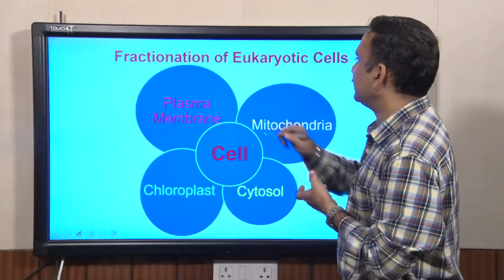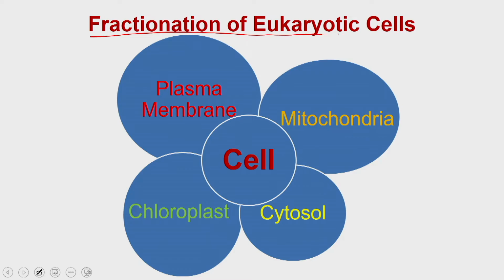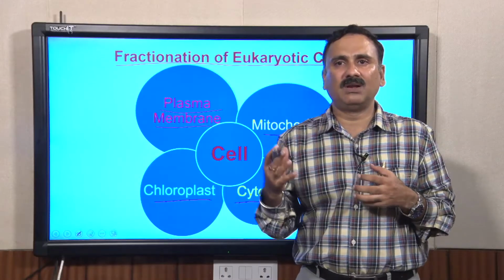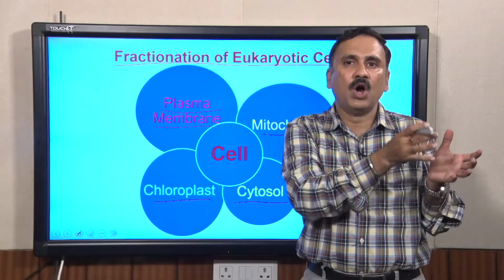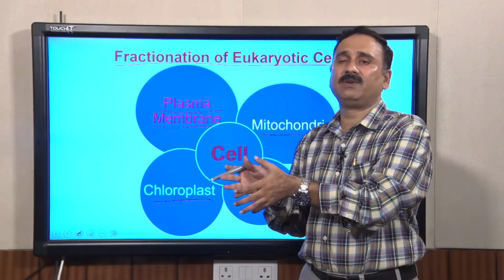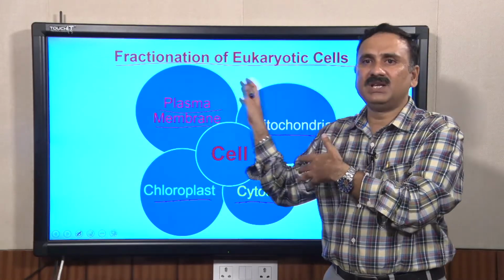And then we have also discussed the fractionation of the eukaryotic cells. In that we have discussed how you can prepare the plasma membranes, mitochondria, chloroplast as well as the cytosol. During this discussion, we have discussed how you can use density gradient centrifugation or differential centrifugation techniques to achieve the targets.